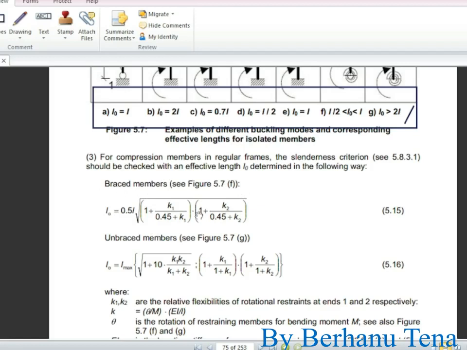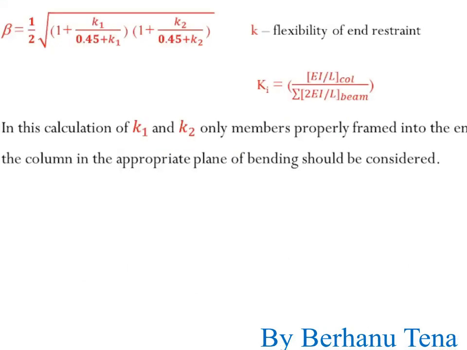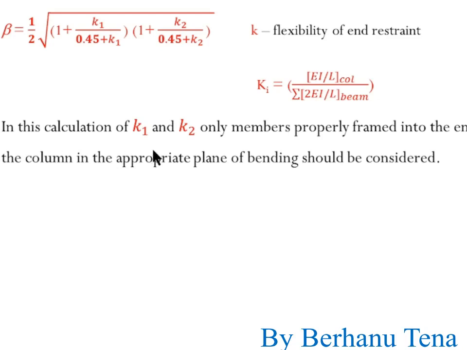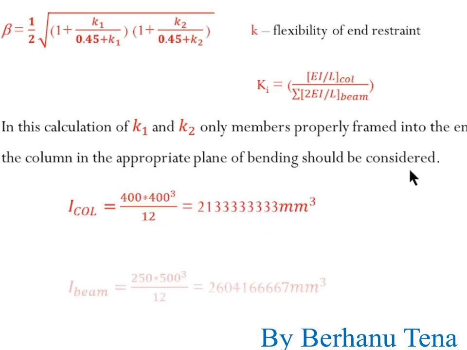This is for a braced member, and this is for an unbraced member. In this calculation, k1 and k2 are calculated by considering only members properly framed into the end of the column in the appropriate plane of bending.